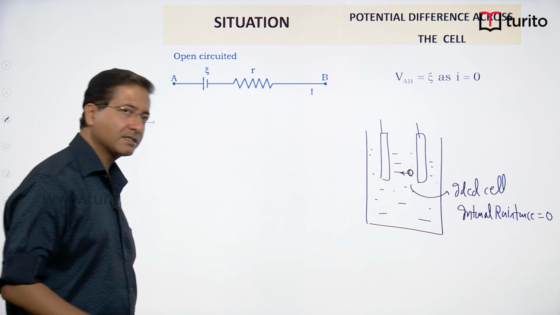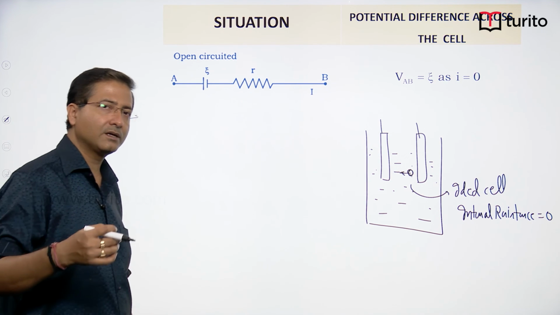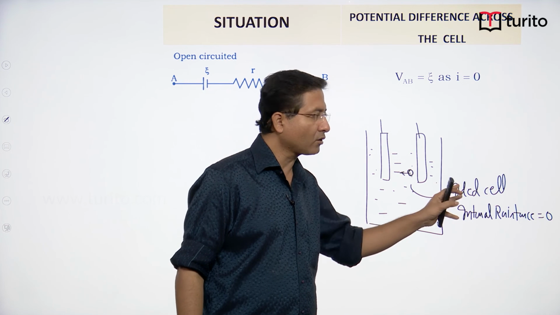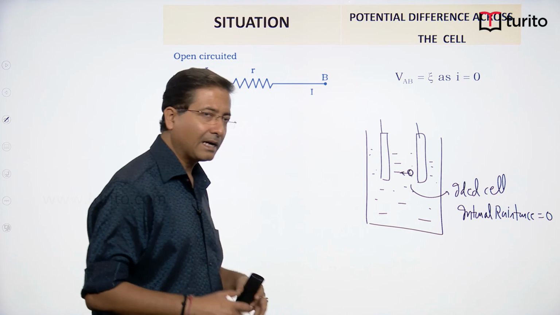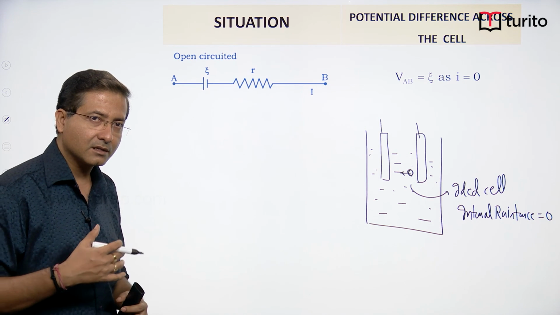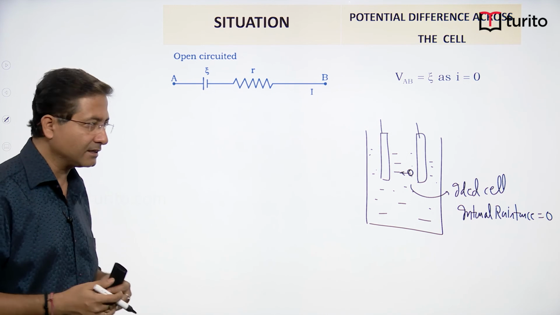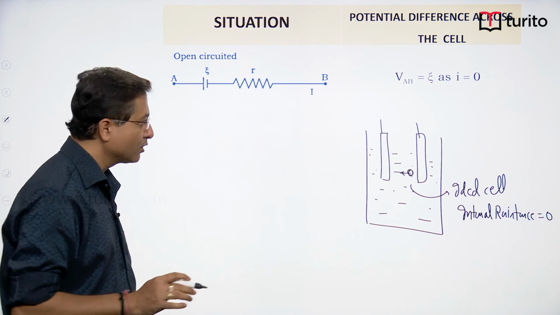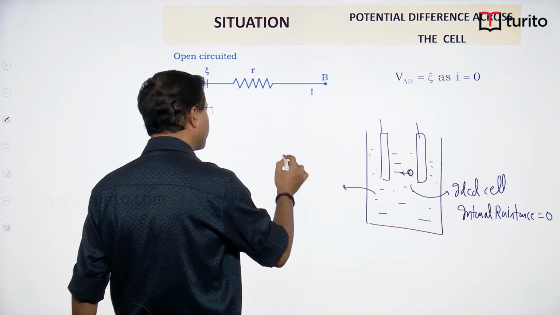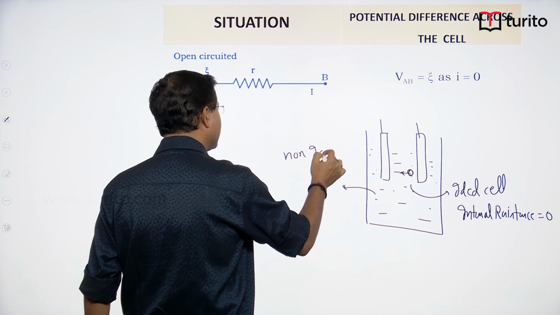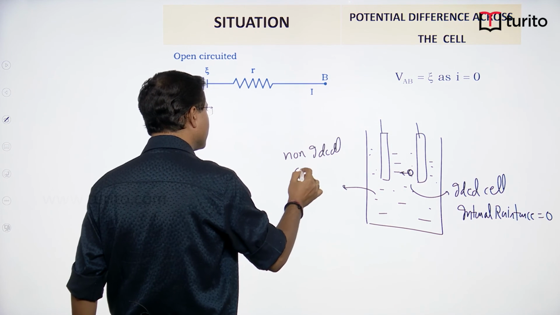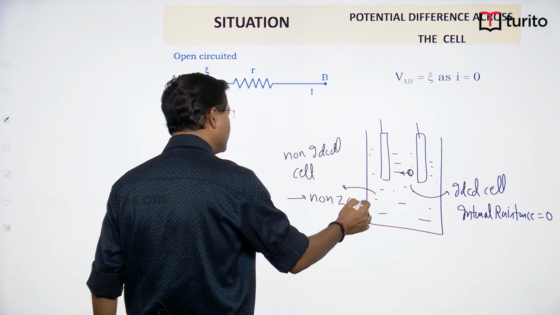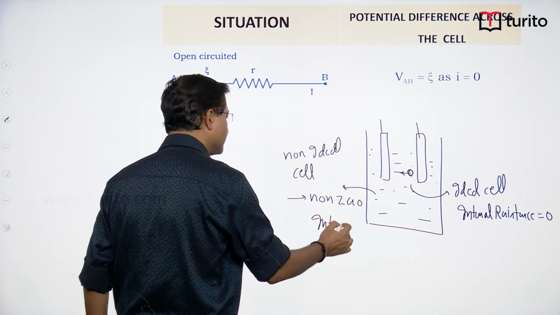An ideal cell means we are assuming that the electrolyte inside is not offering any resistance, but that is the ideal condition, not the actual condition. Actually all electrolytes will be offering some resistance. So a non-ideal cell will have non-zero internal resistance.